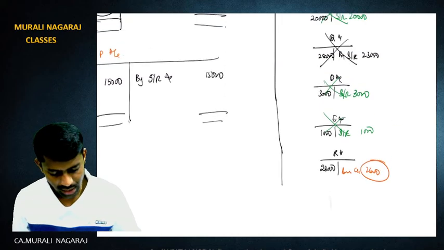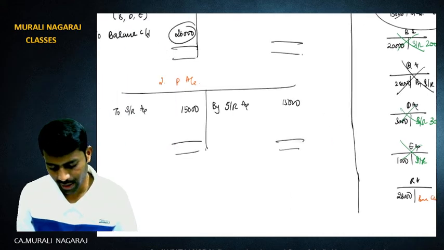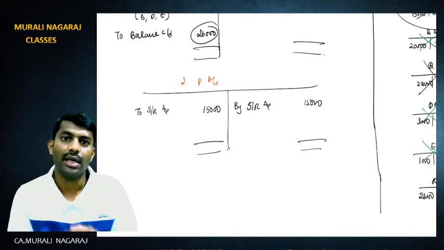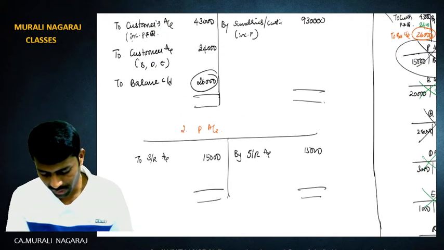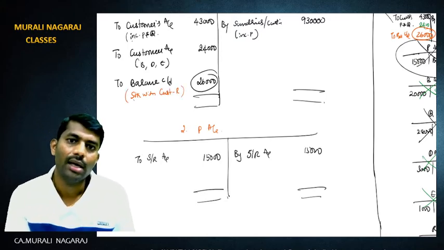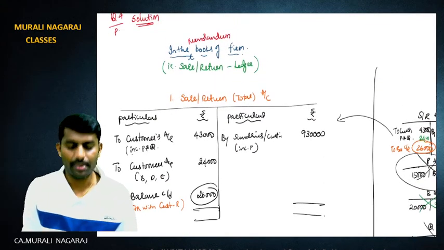Now look at this. This is nothing but stock with customer at invoice price. Correct? But in this problem, they have not given the invoice price, so I can't say what the cost is. Whatever this 26 is, this is nothing but stock with customer. So this is what the memorandum books entry is.